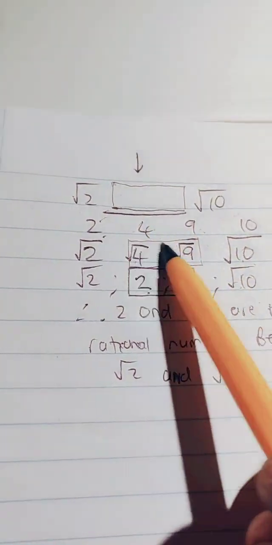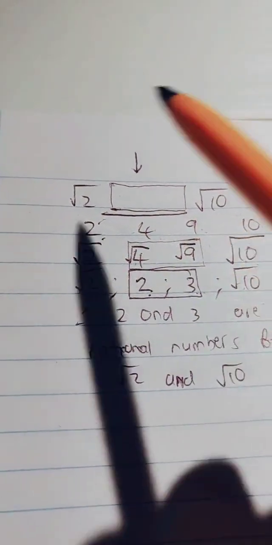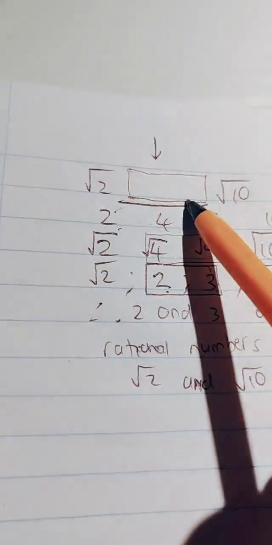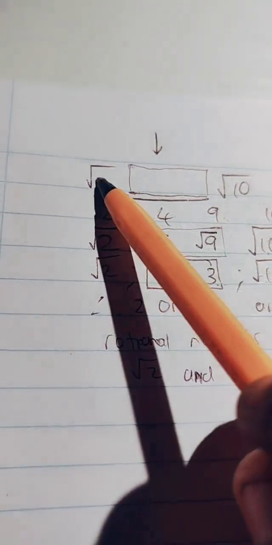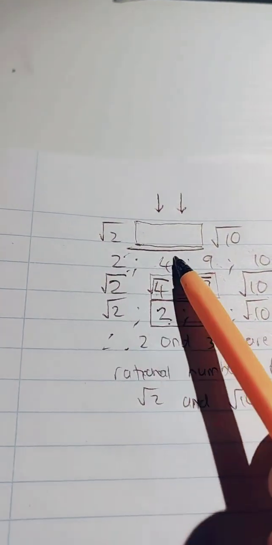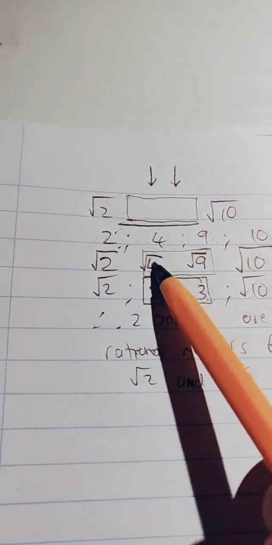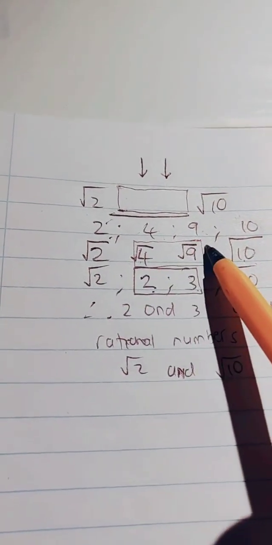The reason why I chose two perfect square numbers is because I am given the square root of 2 and the square root of 10. What I want to find is the two perfect square numbers that lie between the square root of 2 and the square root of 10. That's what I am looking for. So then what do I do? All I simply do is put the square roots on all of the numbers. So it was the square root of 2, the square root of 4, the square root of 9, the square root of 10.